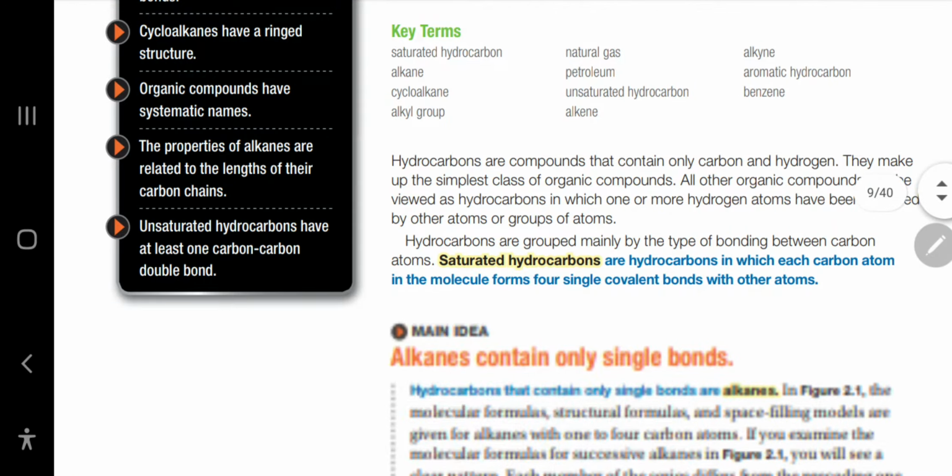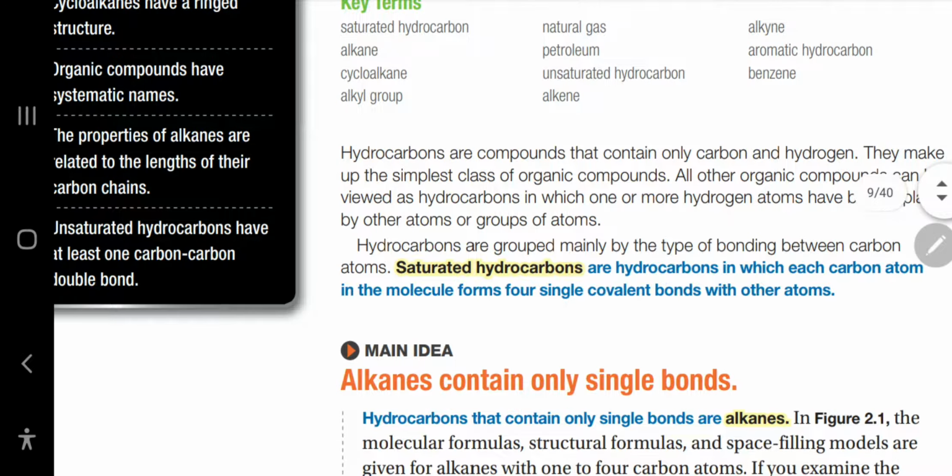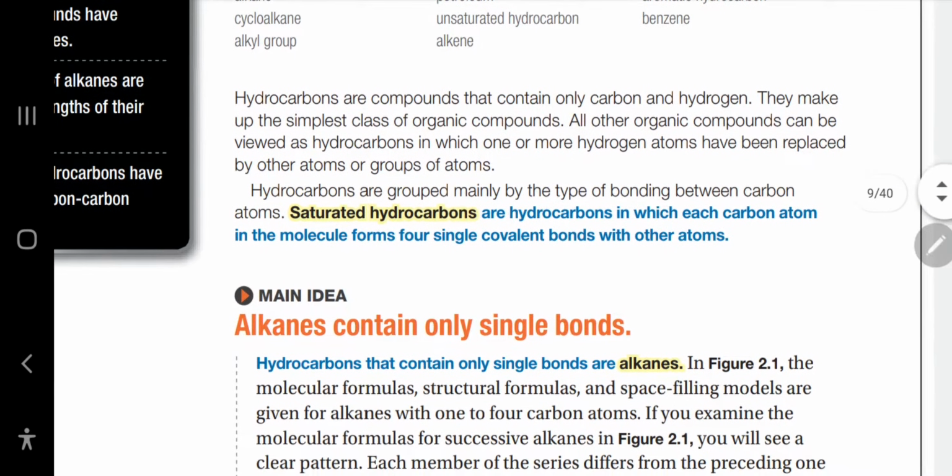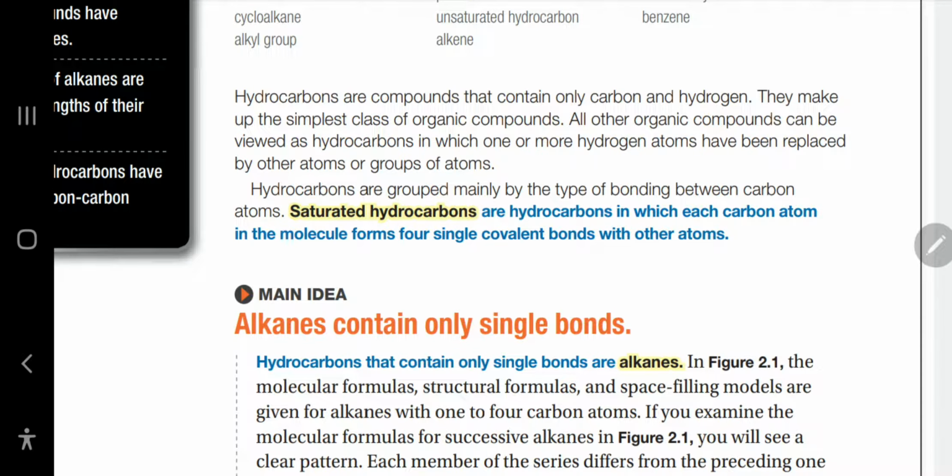The first term we're going to talk about here is the saturated hydrocarbons, which are when each carbon atom in the molecule forms 4 single covalent bonds with other atoms. So here we are talking about compounds that contain only single bonds, no double bonds, no triple bonds, and we call them saturated hydrocarbons.